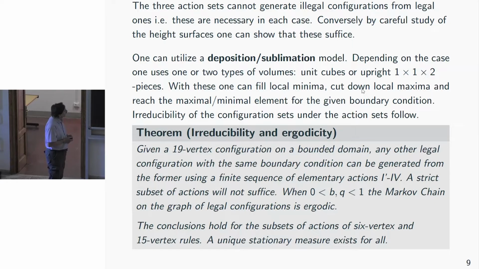So this theorem covers all these 3 models because I've specified what the flip actions are for each of them. Okay.